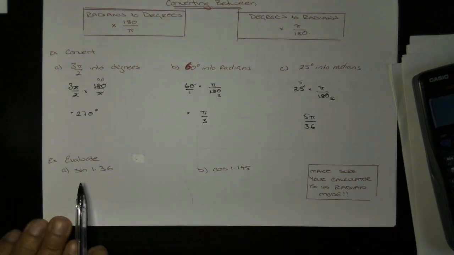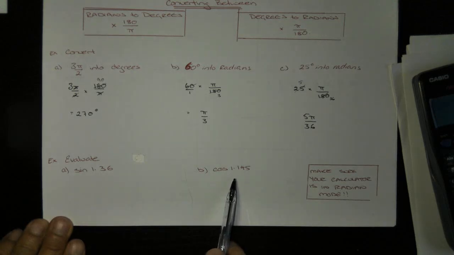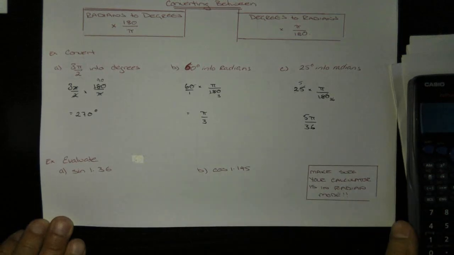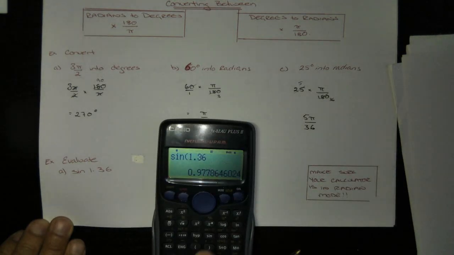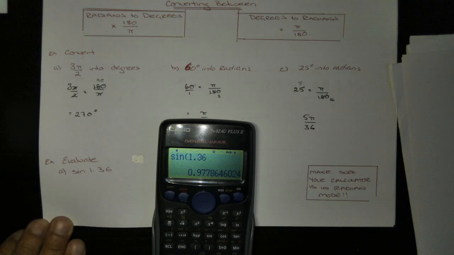The question now says to evaluate sine 1.36 and cos 1.45. We need to make sure that we're in radian mode. And to swap to radian mode, we press shift mode, and I'm going to press 4 for radians. Okay.